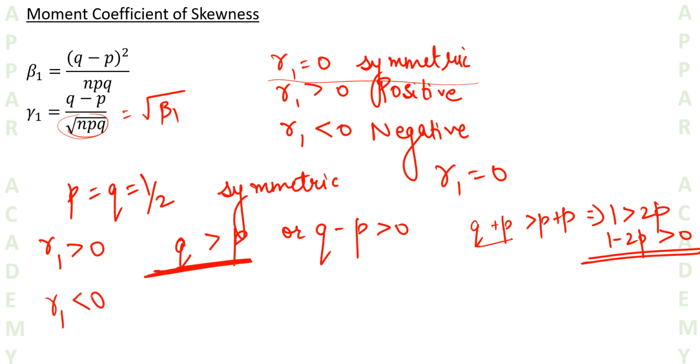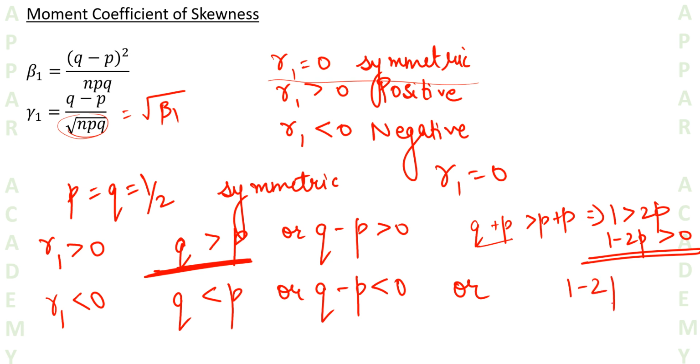Similarly, gamma 1 is less than 0, that is negatively skewed, if Q is less than P, or Q minus P is less than 0. Using this relation, again the sign will interchange, so this becomes 1 minus 2P is less than 0. Thus we have these particular formulas.